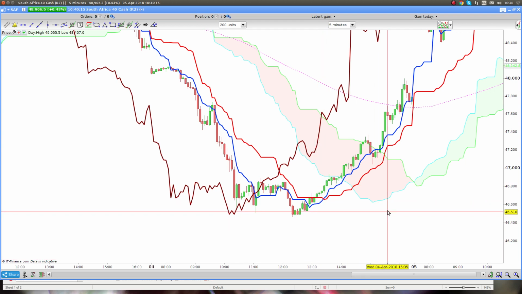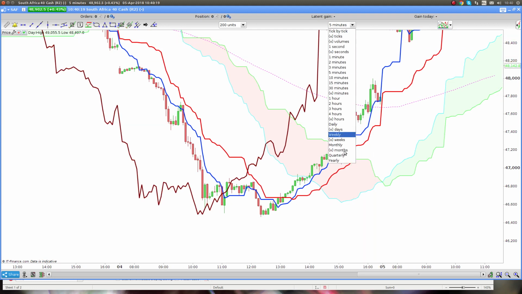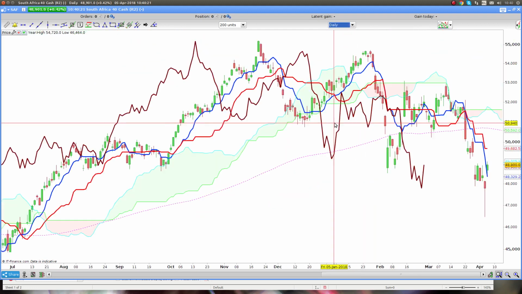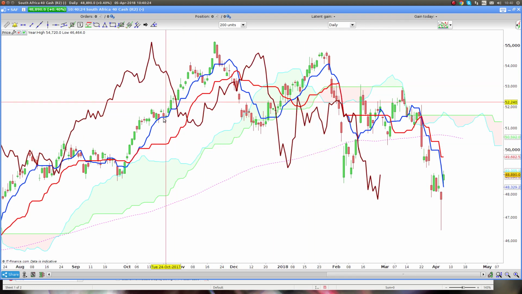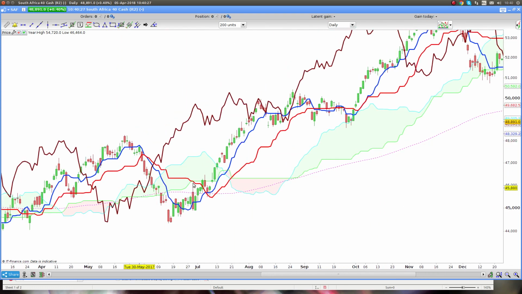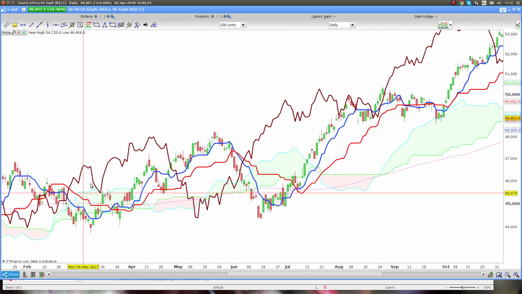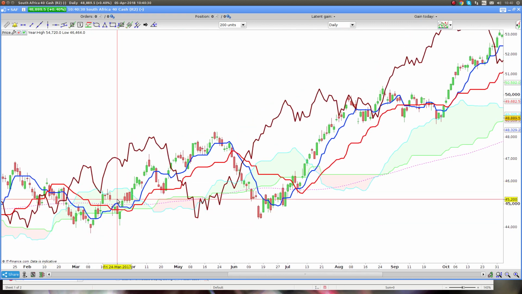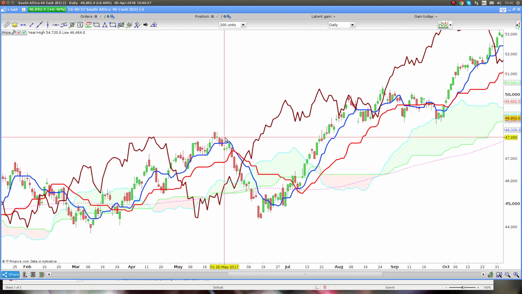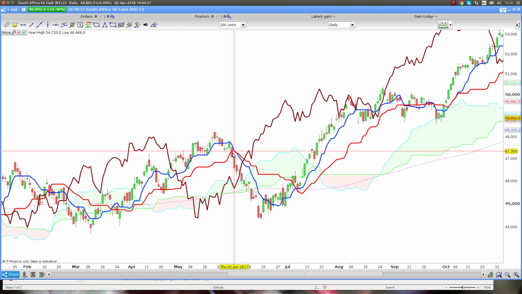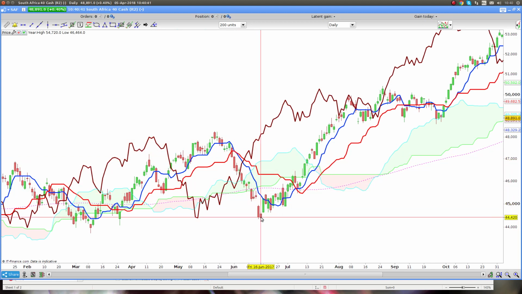On the higher time frames, if we go to the daily, let's go back to right at the beginning. We were inside the cloud here. This is March 2017. We broke, we came back to test Kijun-sen, stayed above it. Then eventually we had a crossover, short, pullback.